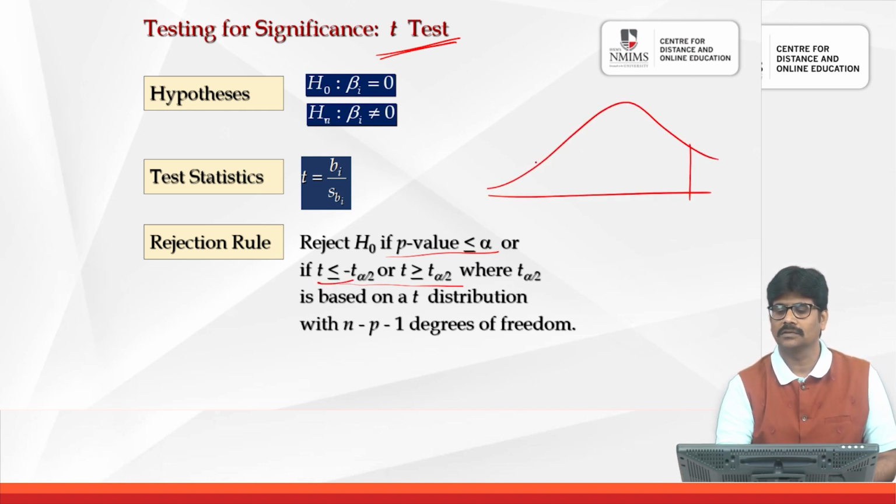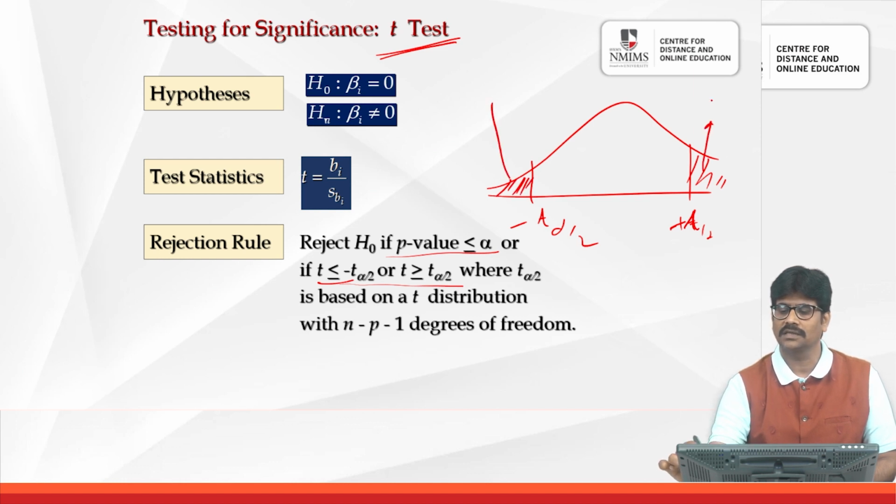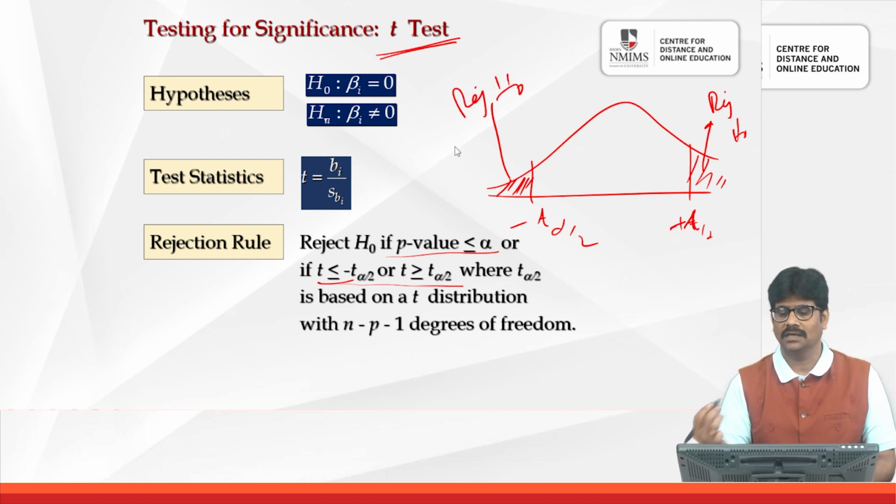This is your positive t alpha by 2 and this is your negative t alpha by 2, and both these regions are calculated as the rejection region. Either you fall here or on this side, both are calculated as the reject H naught region, and the t distribution here has degrees of freedom of n minus p minus 1.